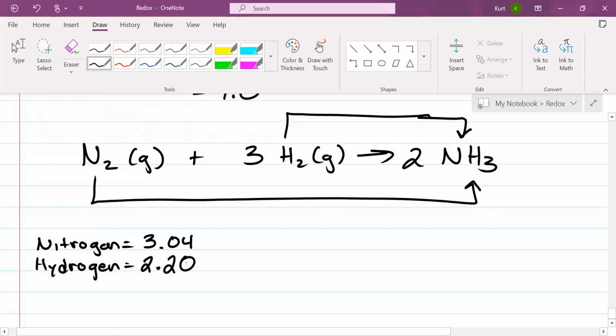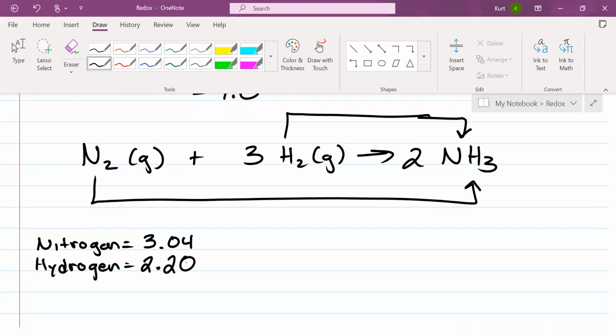So which element is more electronegative? Here's the hint. Whichever one is closest to fluorine wins. So according to the definition of electronegativity, the more electronegative you are, you're going to take electrons away. So who will be taking electrons from who? Will nitrogen take them from hydrogen, or will hydrogen take them from nitrogen? Nitrogen will take them from hydrogen.